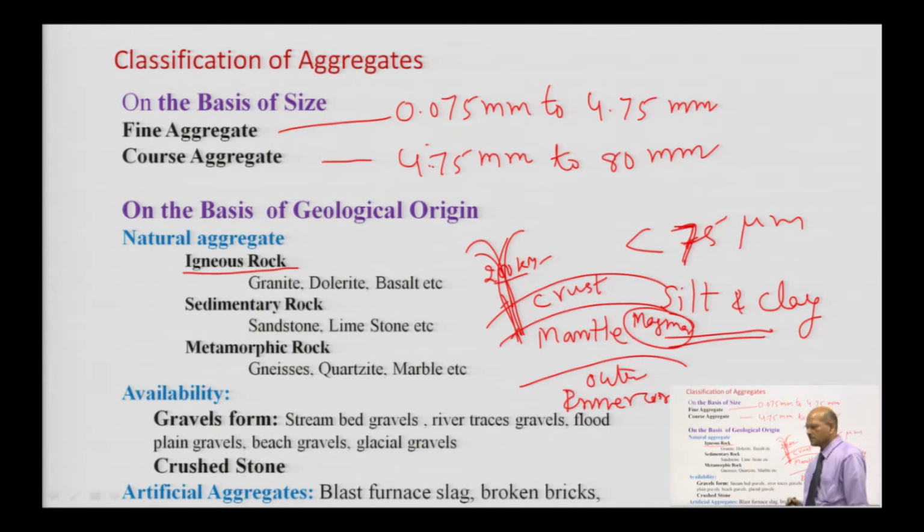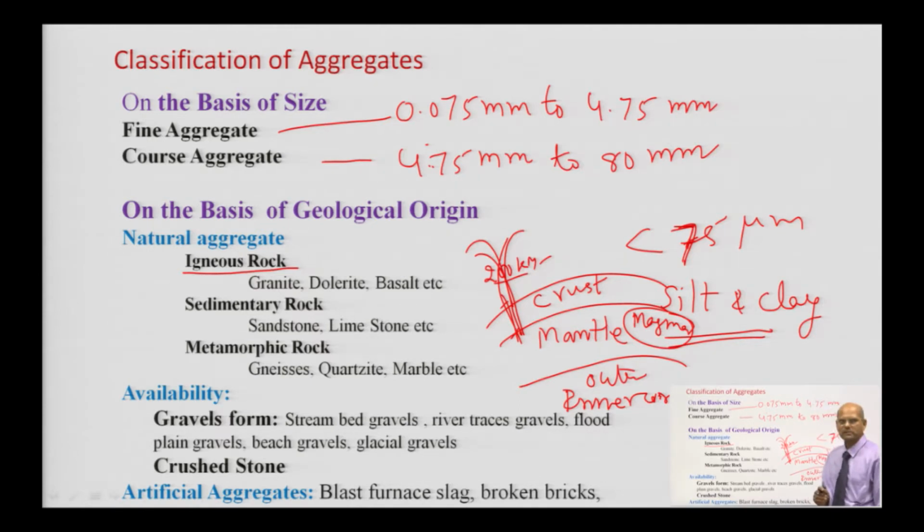Similarly, we have sedimentary rock. Due to the sedimentation of either igneous rock or metamorphic rock, we get stone, that is called sedimentary rock. Sandstone, limestone, etc., can be used as natural aggregate.